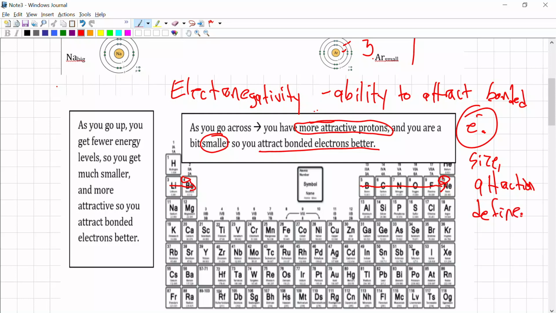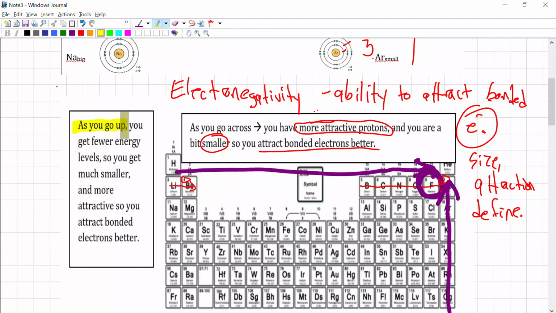Okay, now this increases a ton going this way. So what that means is the most electronegative element is fluorine. We do ignore noble gases. Now, what's the most electronegative in a column? That's also fluorine. Why? Now we're going up.